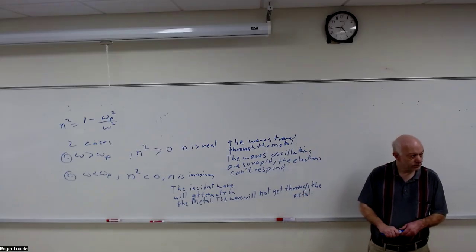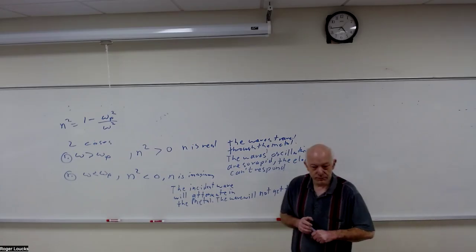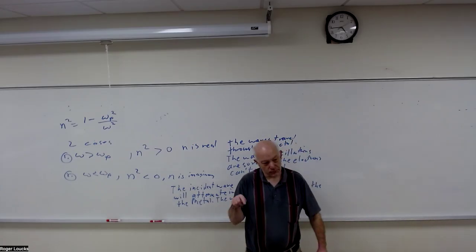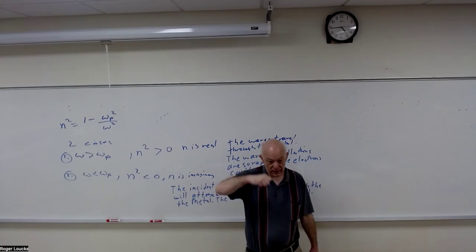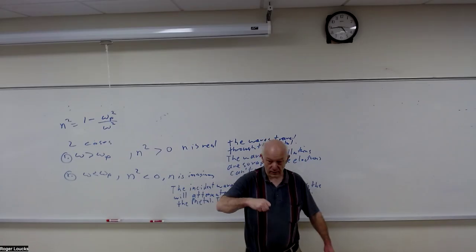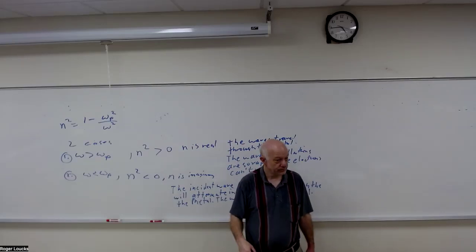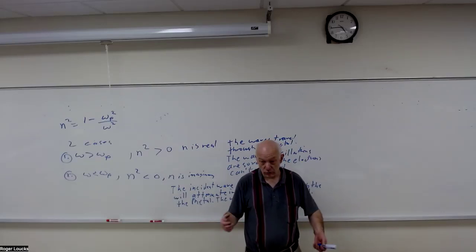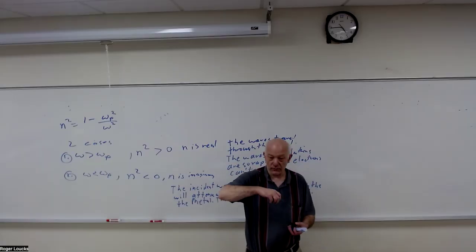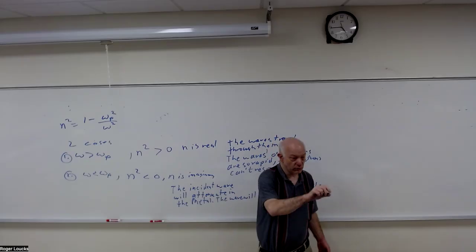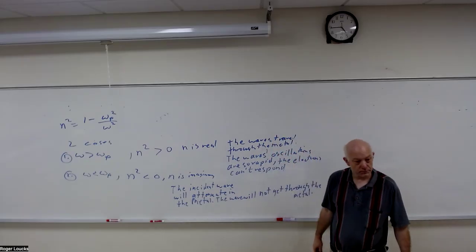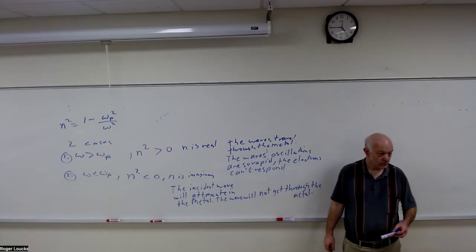Make sense? Why is that happening? If you're below the plasma frequency, what can that electron do? It can actually match that driving frequency. And if you have those electrons going up and down, what's going to happen? You have that damping term, and you're basically going to lose all that energy from the collisions of the electrons with other things, and that wave is going to damp out. So the metal would just heat up a very small amount.